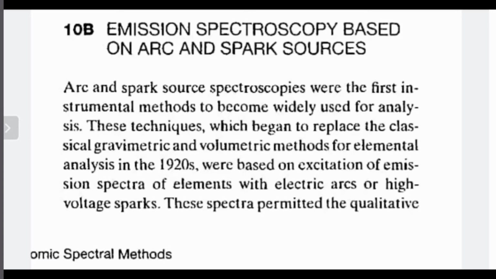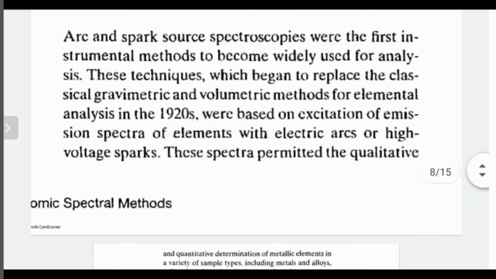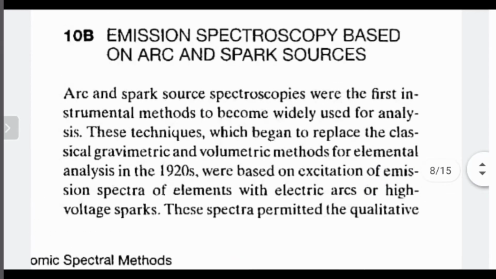As the name suggests, arc and spark, there must be electrical arcs with very high voltage. In the rainy season we might experience some shock. That shock is due to the moisture content in the switches or some electrical equipment.